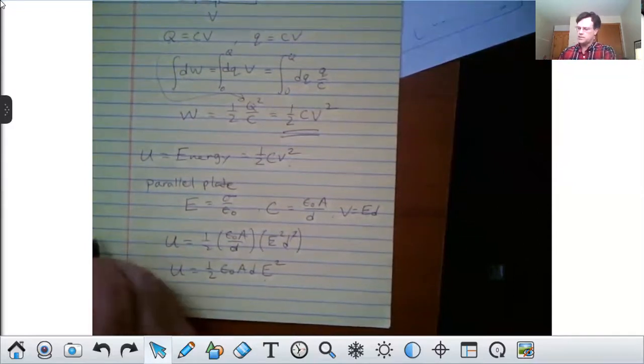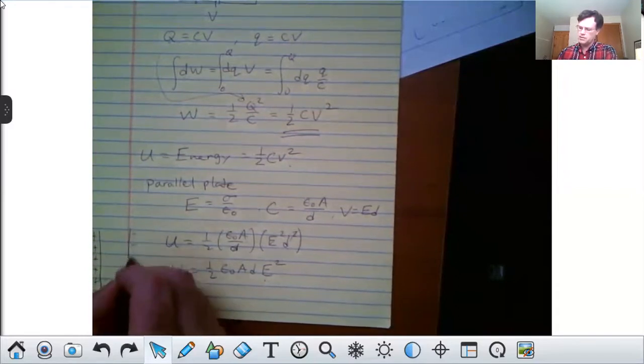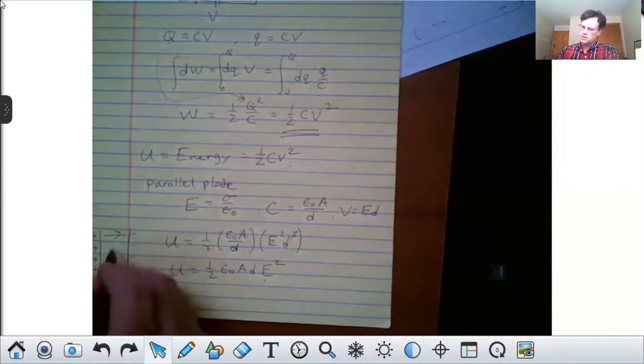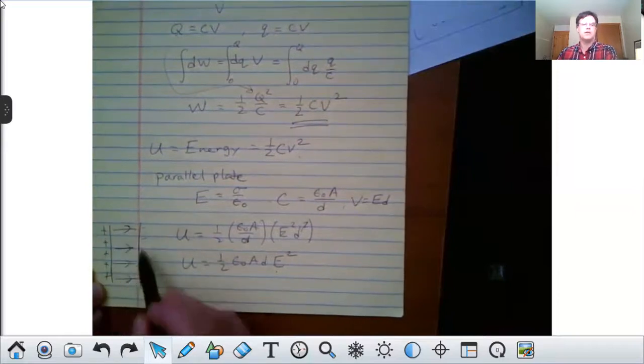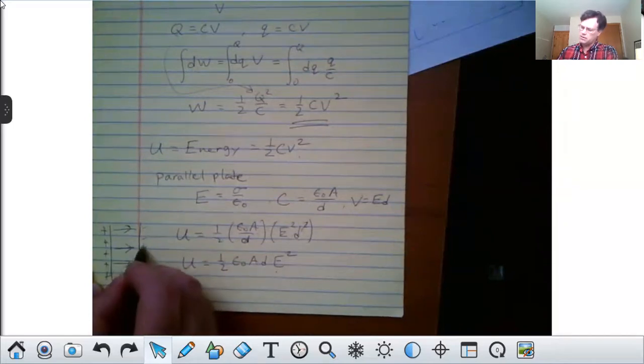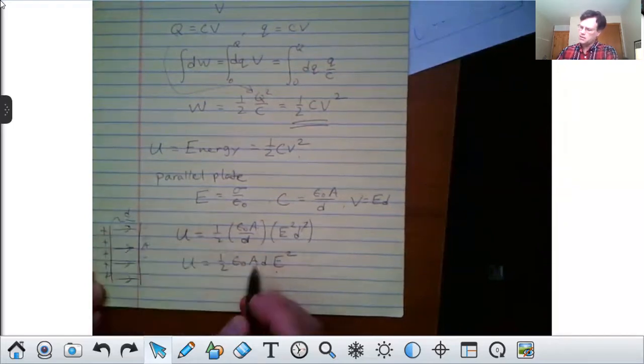So for our capacitor, we've got an electric field between the plates going from positive to negative, and you could think that there's energy spread throughout the area between those plates, or the volume. The area of the plates is A, the distance is d, so A times d is really the volume.